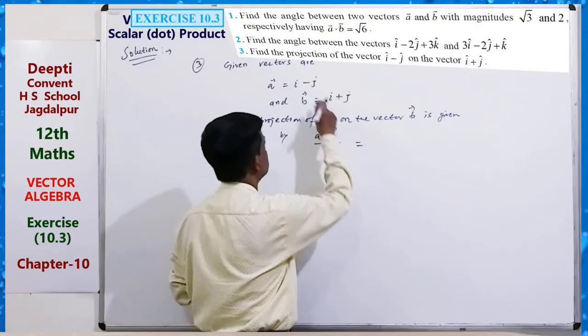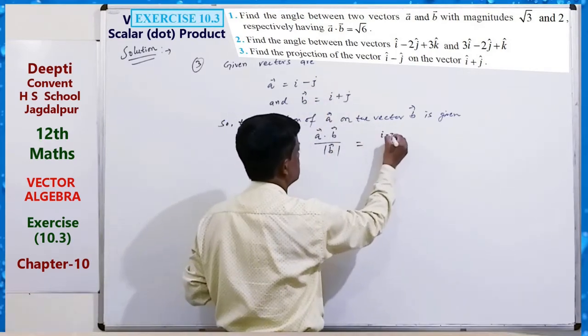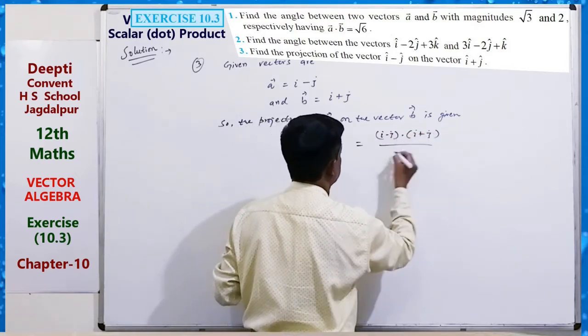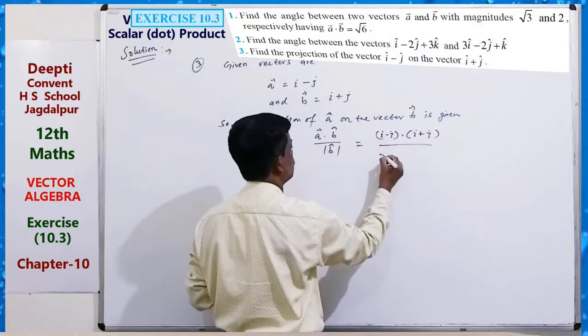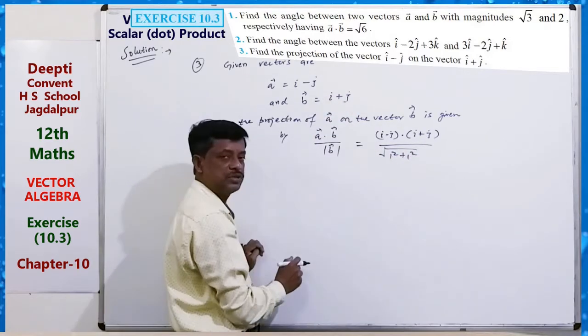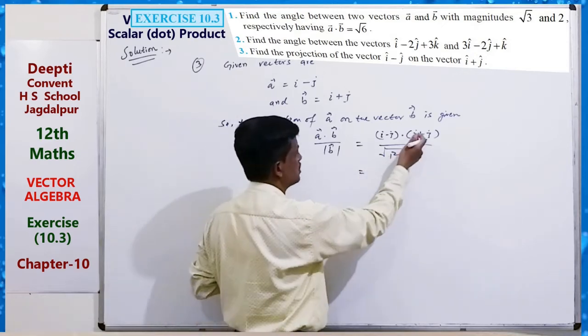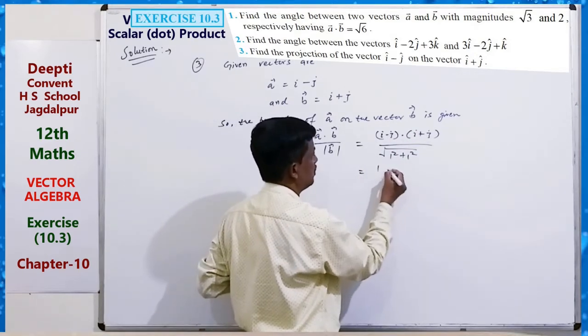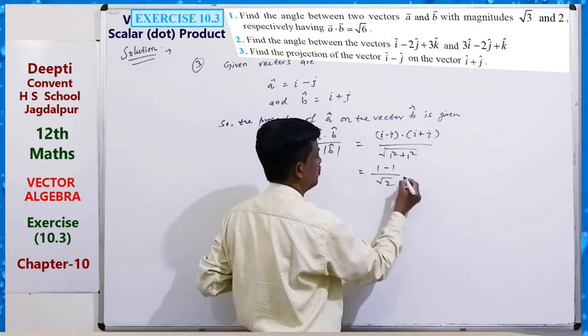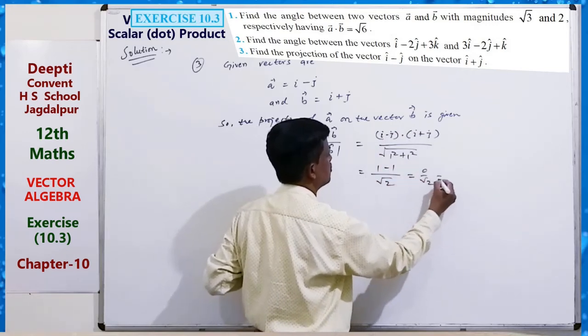A dot B means this dot this: I minus J dot product I plus J, upon mod of B, which means root of 1 square plus 1 square, since the coefficients are 1 in two dimensions. I into I means 1, J into J minus 1, upon root 2, equals 0 upon root 2, equals 0.